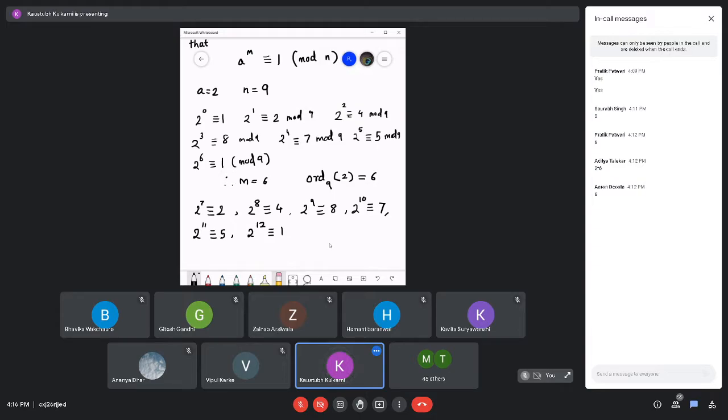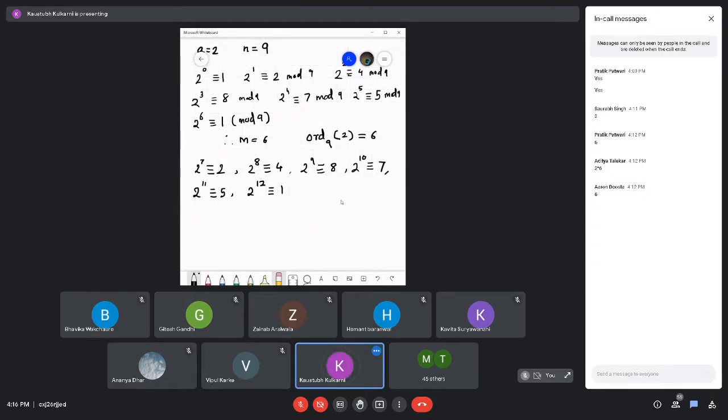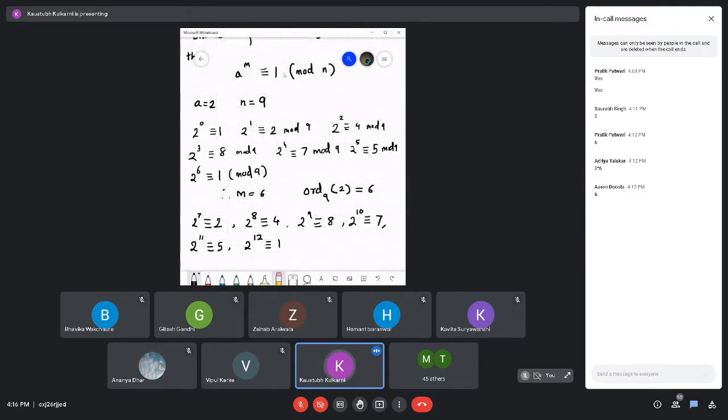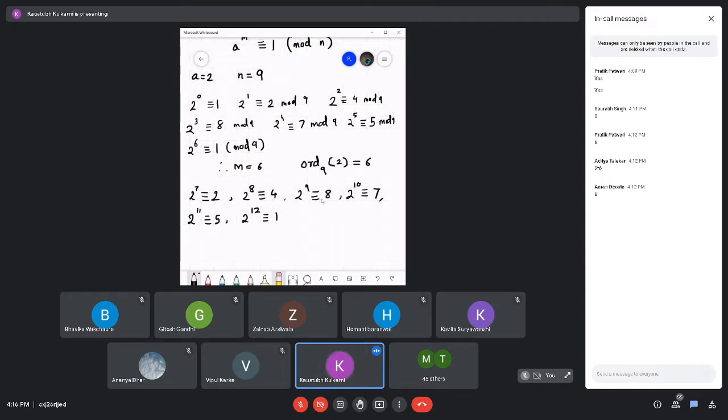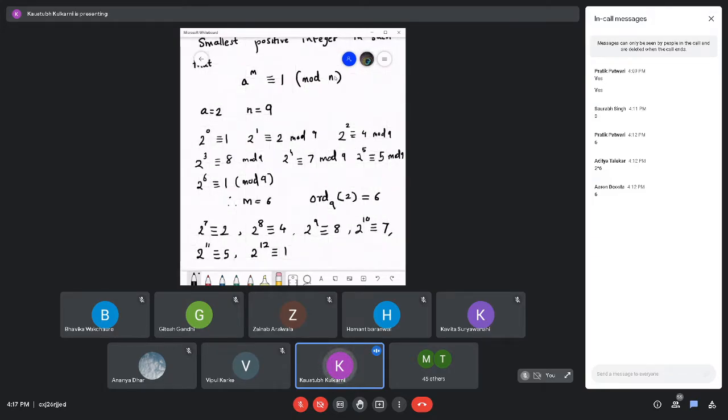In fact, if you see, a raised to m is congruent to 1 mod n. n can be anything. n can be prime, composite, anything.